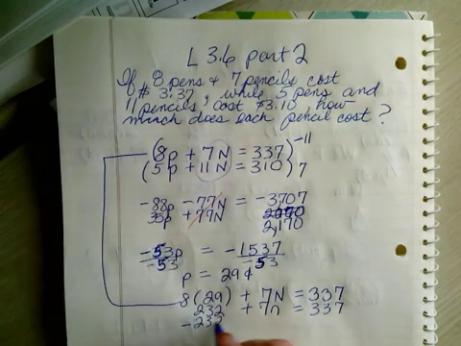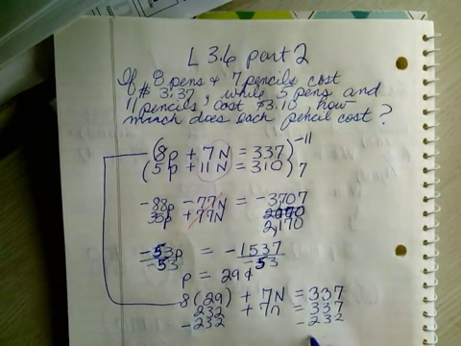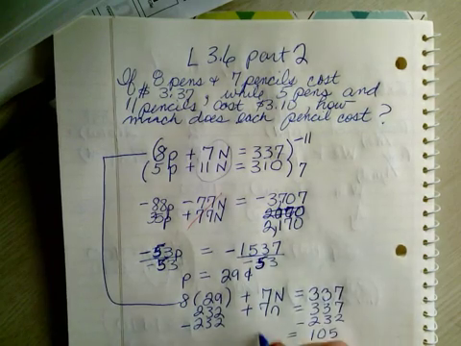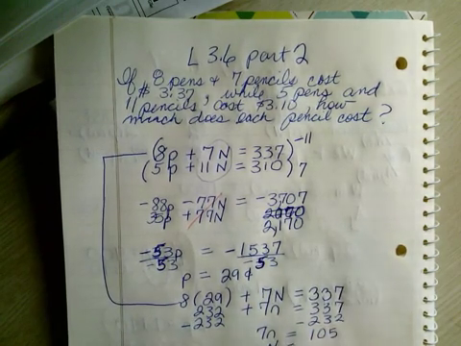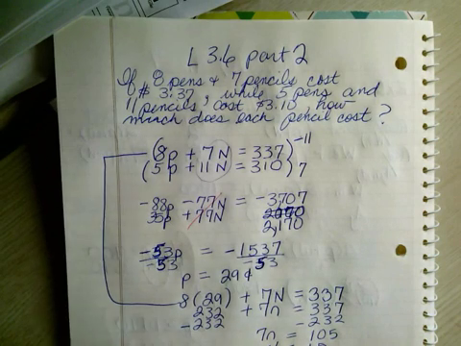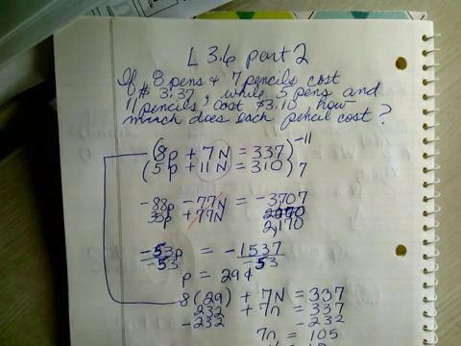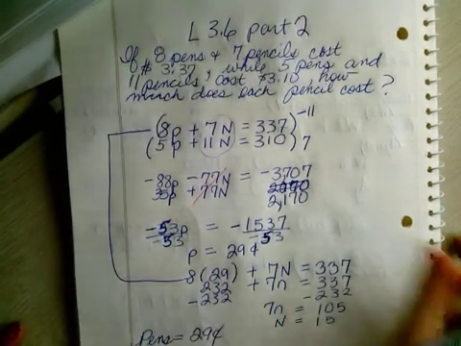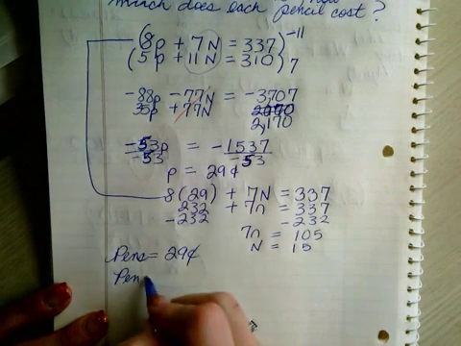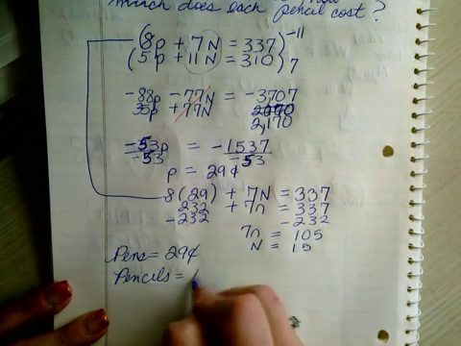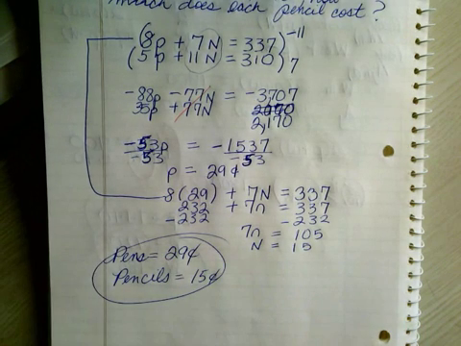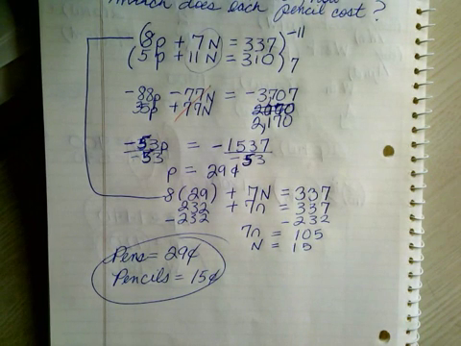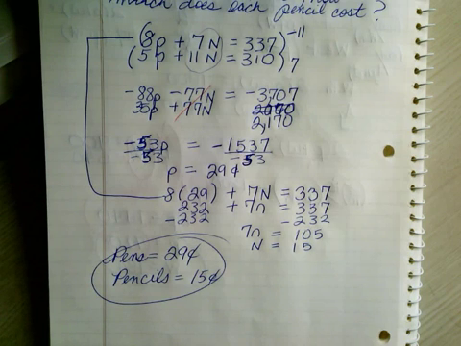I'm doing this all in my head. 15. Good. So, pens, 29 cents. Pencils, 15 cents. Okay, these are big, these are ugly. These are definitely a lot of work, but you've got to go through the steps. You absolutely have to go through the steps.